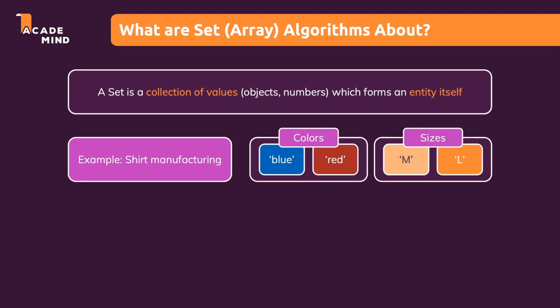Now, both colors and sizes would be sets. We have different values in there. So in programming, we would represent it as an array, but the overall array in itself is a thing. We have that colors set, which then has different options, and we have the sizes set.